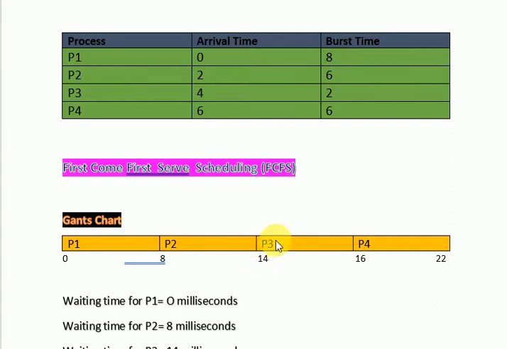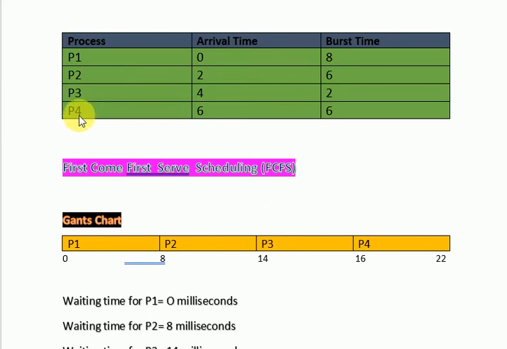P3 starting is 14. Now we see P3 arrival time is 4 and the burst time, execution time, is 2. Now we add 2 with 14. The answer is 16. Now the P4 starting is 16.